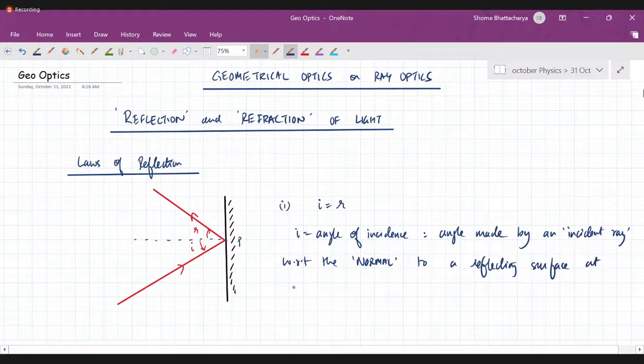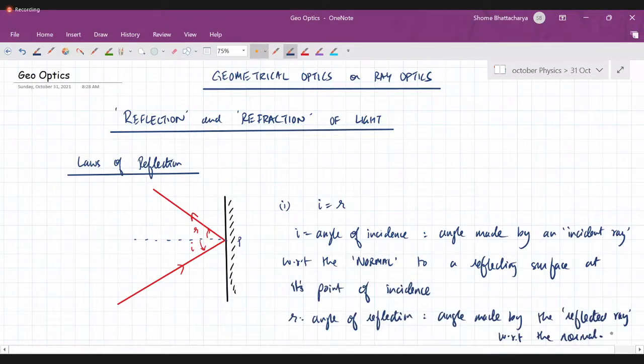And similarly, R is the angle of reflection. So again, that is the angle made by the reflected ray with respect to the same normal. So in this diagram, you can understand that this is the incident ray and this is the reflected ray.